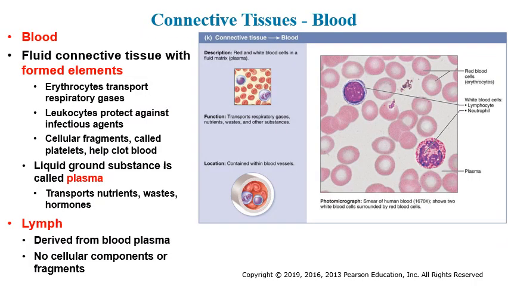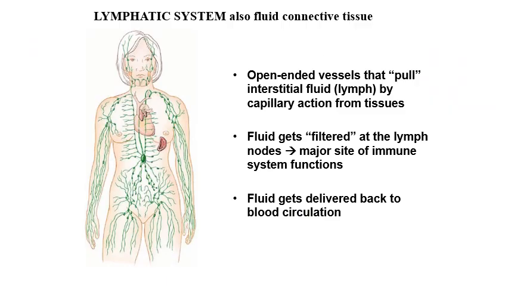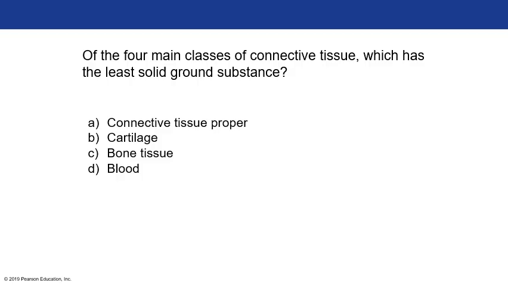Okay, so here a brief look at the fluids, and we know we have the blood and the lymph, as I mentioned before. And here a little review for you. Which of the four main classes of connective tissue has the least solid ground substance? So we're looking for solid ground substance, and that should be quite easy. We should take 2 seconds in answering that.